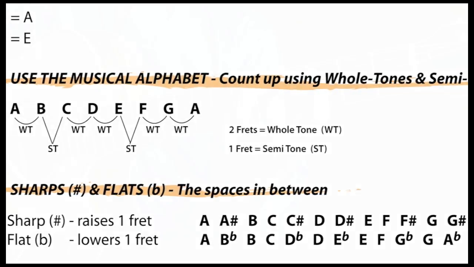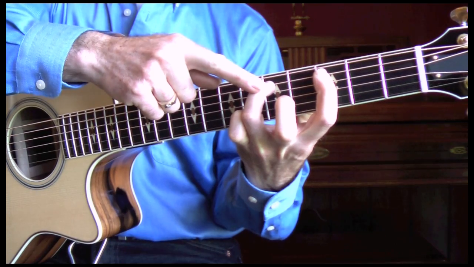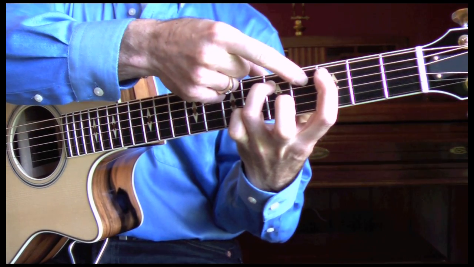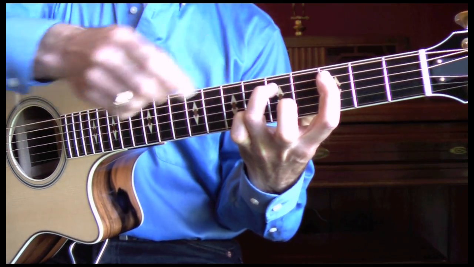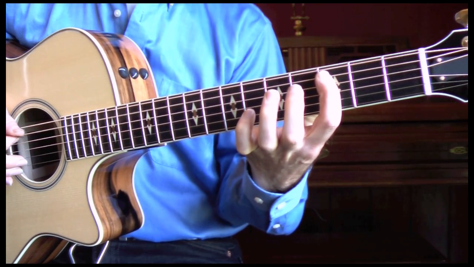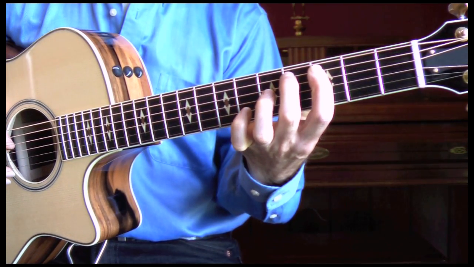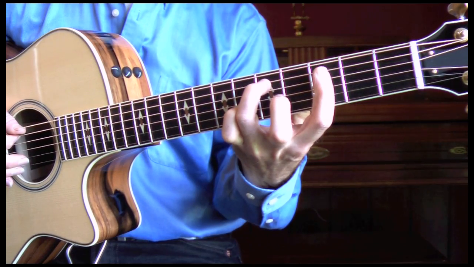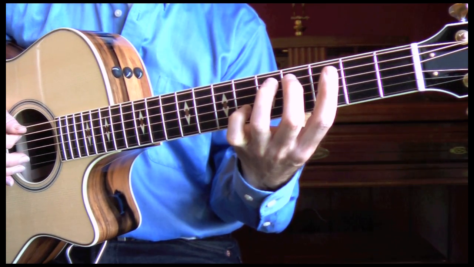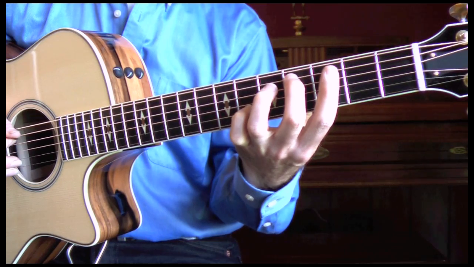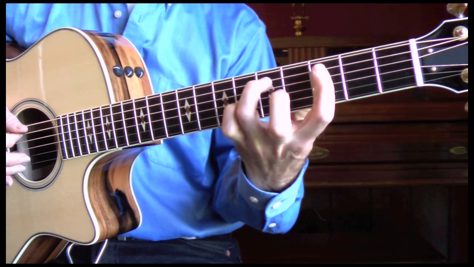So if we look at this example C and D, we're going to talk about this note in between. So raising 1 fret, C, and going up 1, we have C sharp. If we started on our D and went down 1, we'd have D flat. So again, sharps raise, flats lower.